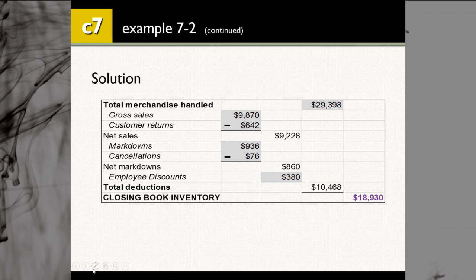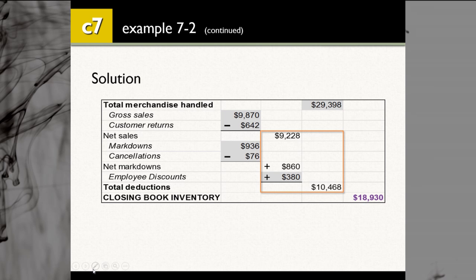That will be your net sales plus your net markdowns plus your employee discount. So you got 10,468 from this information. What's the next step? Now you know the total deduction, and you also know your total merchandise handle.